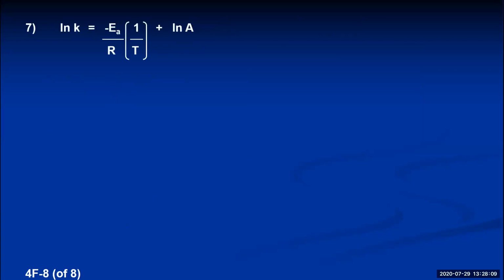Starting with the Arrhenius activation energy equation, the slope is negative E sub A over R. And what is slope? It's difference in y's over difference in x's. So negative E sub A over R will equal the difference in the natural logs of k, natural log of K2 minus natural log of K1, over the reciprocals of the temperatures, 1 over T2 minus 1 over T1.